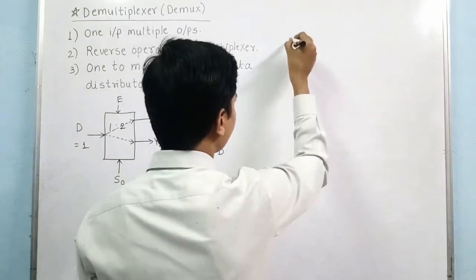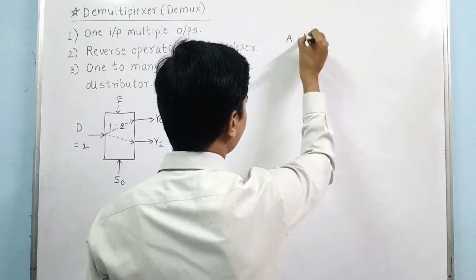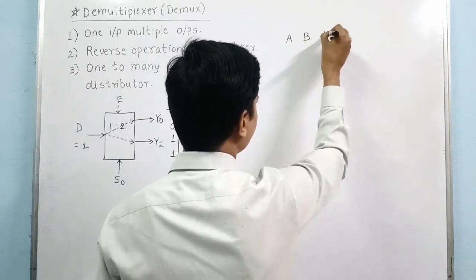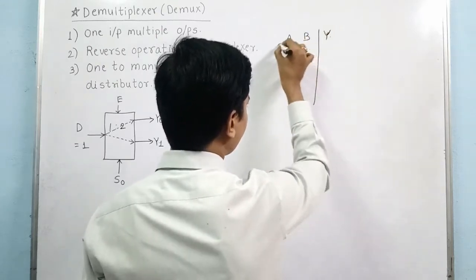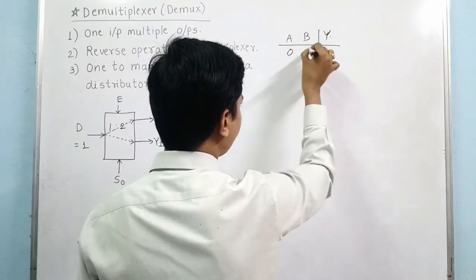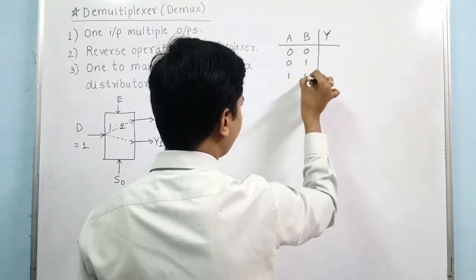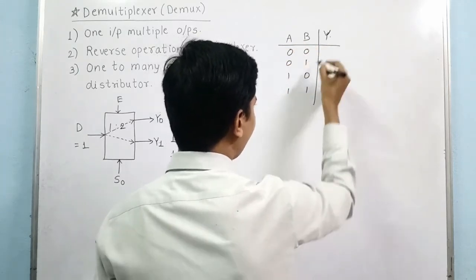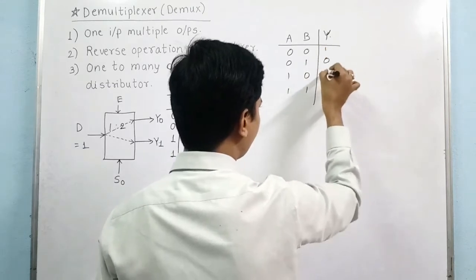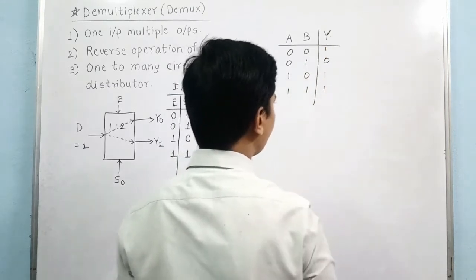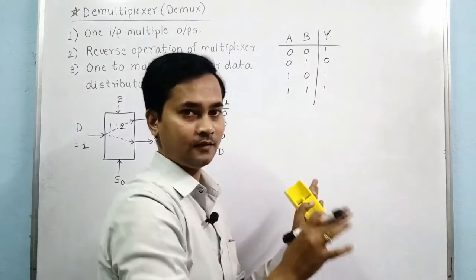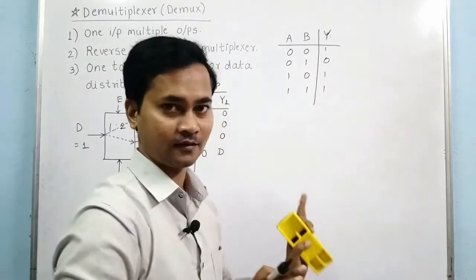Just for an example I am taking A, B and Y, and these four combinations: 0 0, 0 1, 1 0 and 1 1. Just consider the outputs 1 0 1 1. This is just an example, it is not part of this demultiplexer.